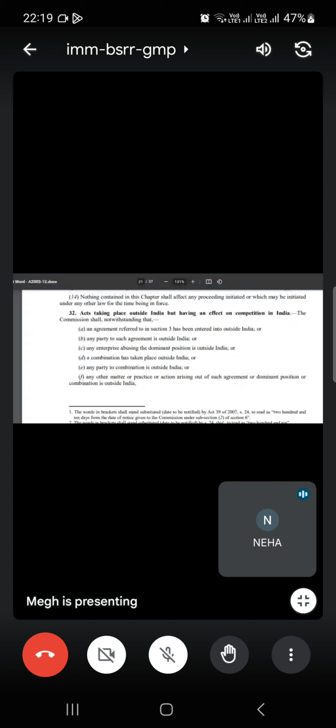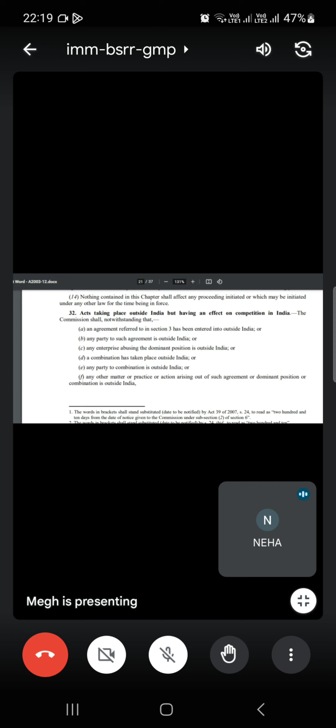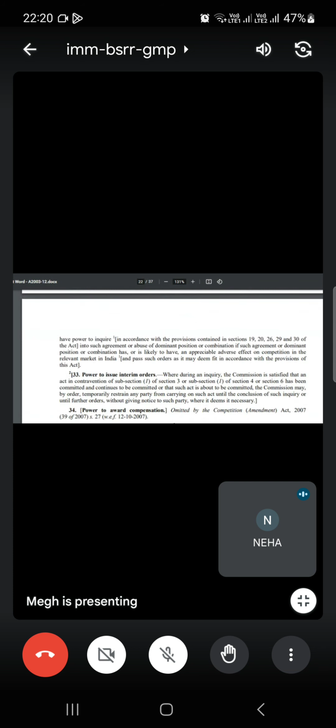The Commission shall, notwithstanding that A. an agreement referred to in Section 3 has been entered into outside India, or B. any party to such agreement is outside India, or C. any enterprise abusing the dominant position is outside India, D. a combination has taken place outside India, E. any party to a combination is outside India, F. any other matter or practice or action arising out of such an agreement or dominant position or combination is outside India, then have power to inquire in accordance with the provisions contained in sections 19 and 20. Stop.